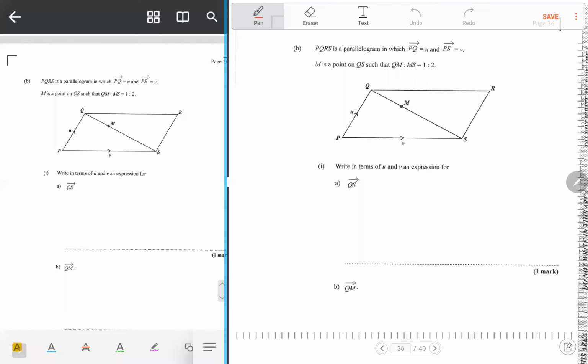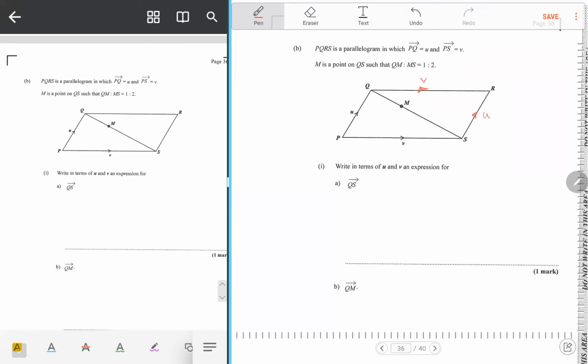Since PQRS is a parallelogram, PQ is U and PS is V. We can see that on the diagram, so you want to put those on from now. This vector is V, because down here is V, and this vector up this way is U.